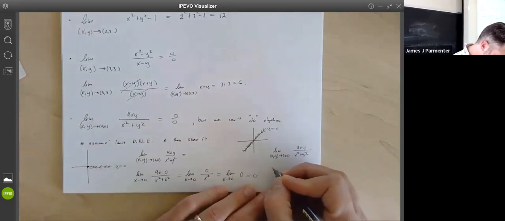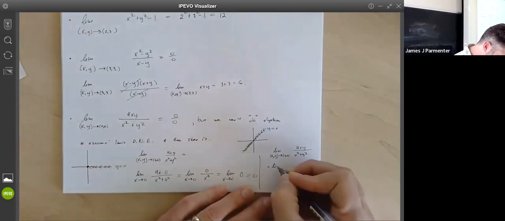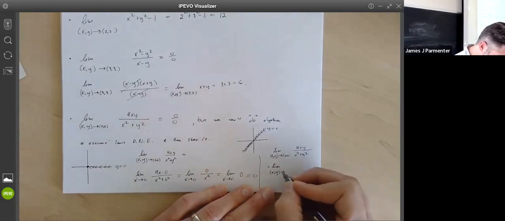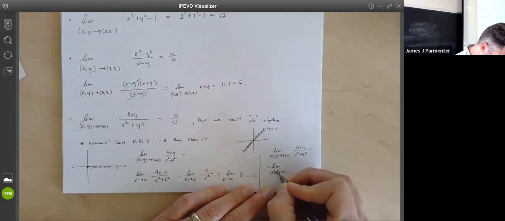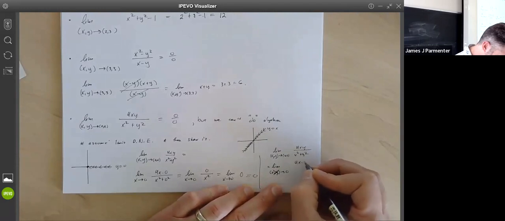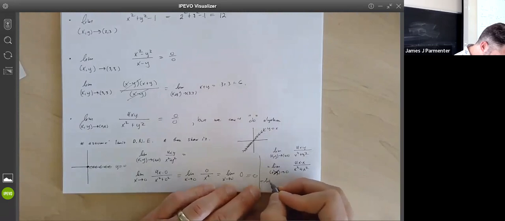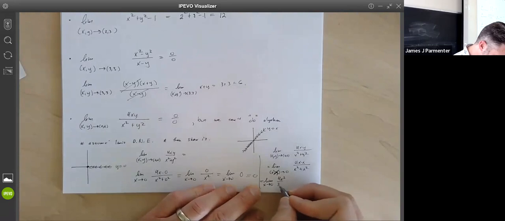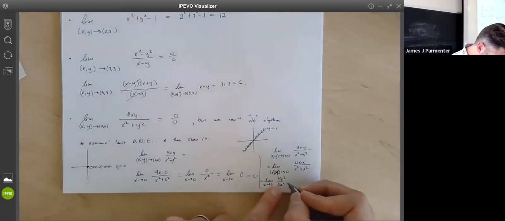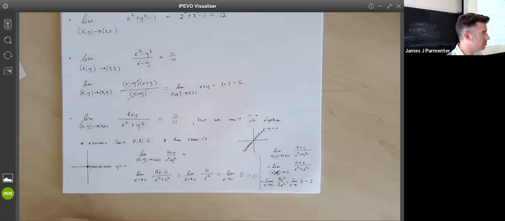I'm going to have the limit as x approaches 0 of 4 times x times x over x squared plus x squared. But 4 times x times x is 4x squared. And x squared plus x squared is 2x squared. And x squared divided by x squared cancels out. So I have the limit as x approaches 0 of 2, which is 2.